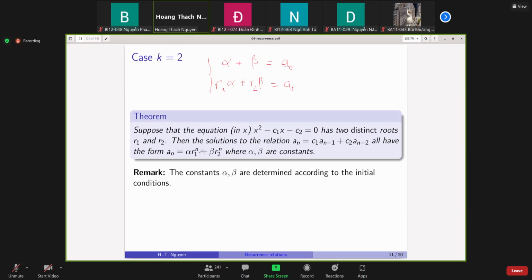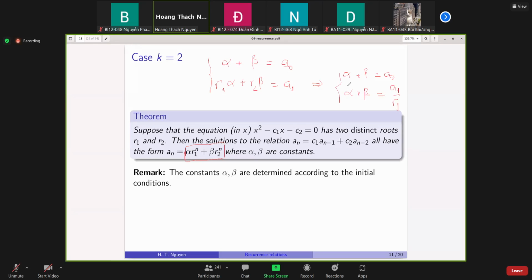So here, if we keep this formula for the case where R1 is equal to R2, then we have a problem. Then this will become alpha plus beta is 0 and alpha plus beta equal to A1 over R1.